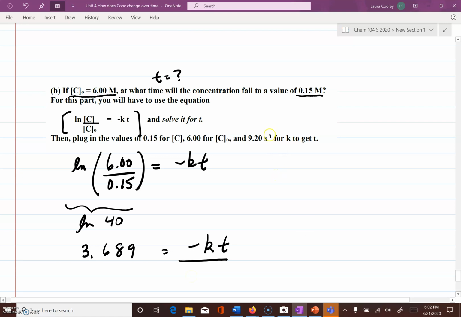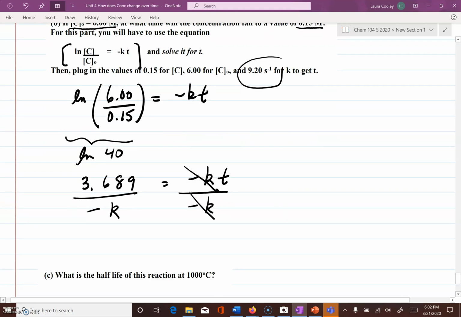Then I'm going to divide both sides. You see, we're given K. I'm going to divide both sides by minus K. So we cancel these out. So the time will be 3.689.